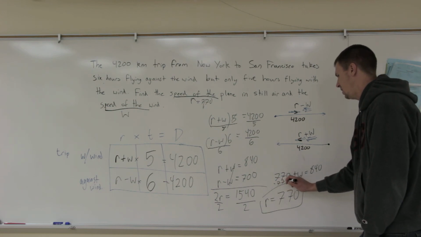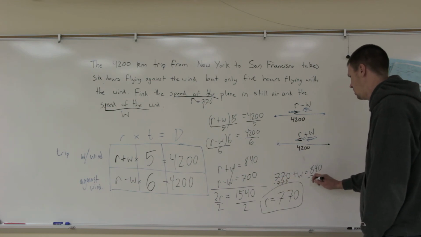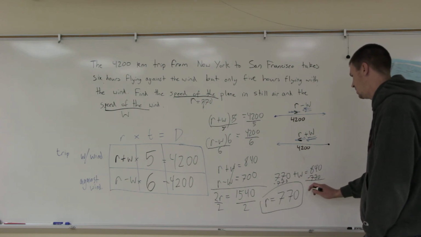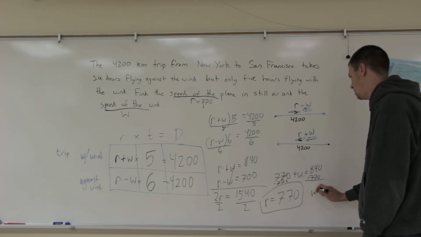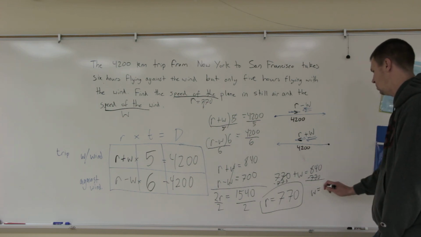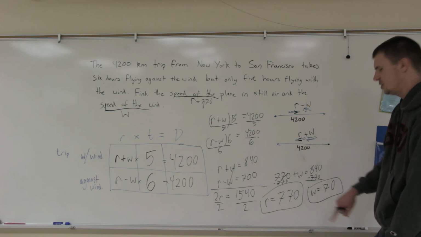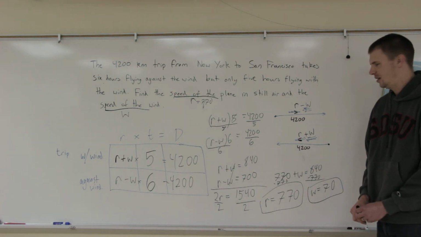Subtract 770 to get w by itself, and we get w is equal to 70. Plane's going 770, the wind is going 70. That's it.